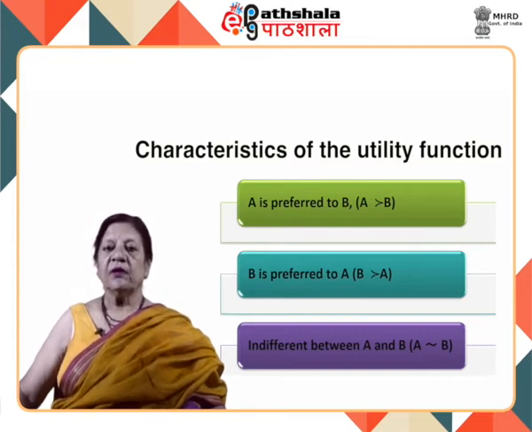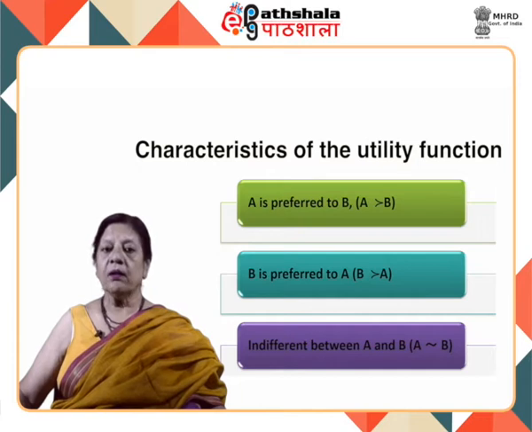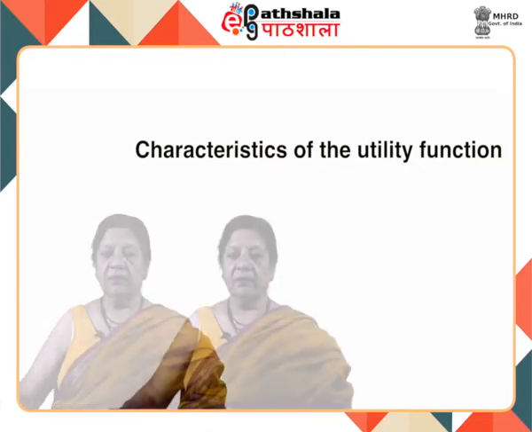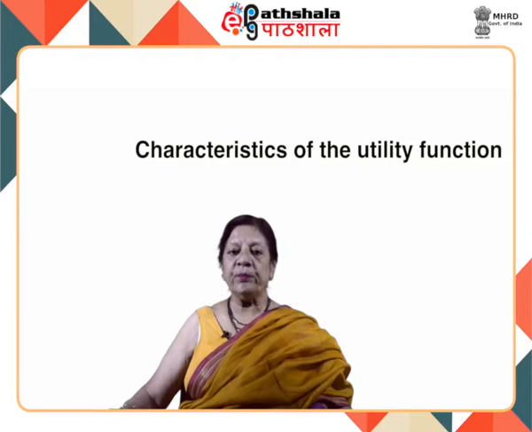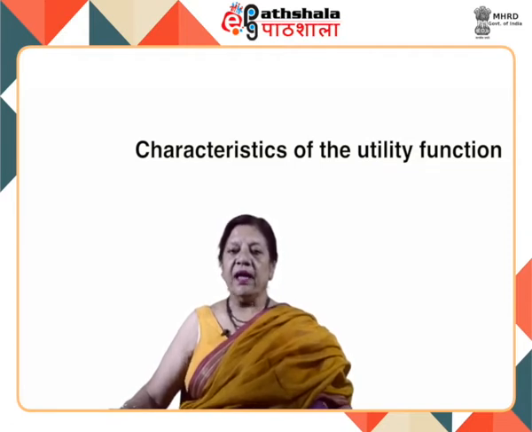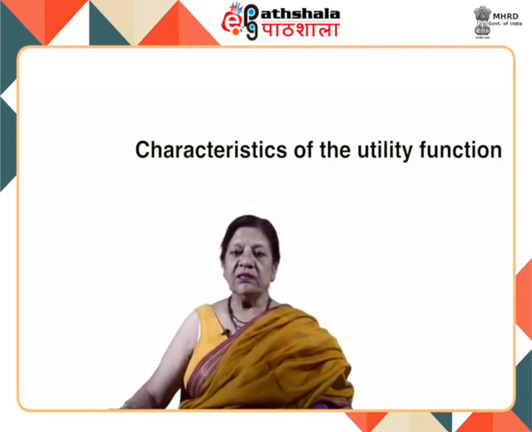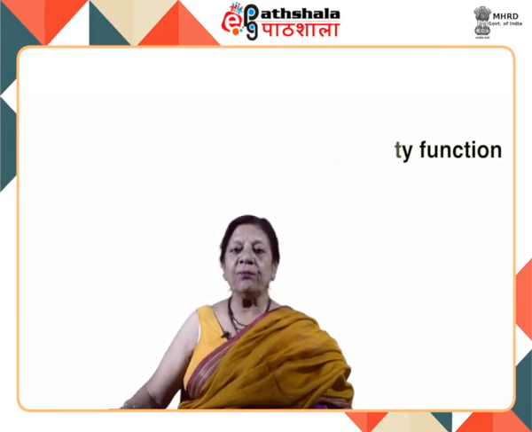For example, if there are two prospects A and B, the agent can say whether A is preferred to B, that is A greater than B, or B is preferred to A, that is B greater than A, or whether he is indifferent toward A and B, that is A indifferent to B, where greater and indifferent indicate preference and indifference respectively. This is the axiom or assumption of completeness.